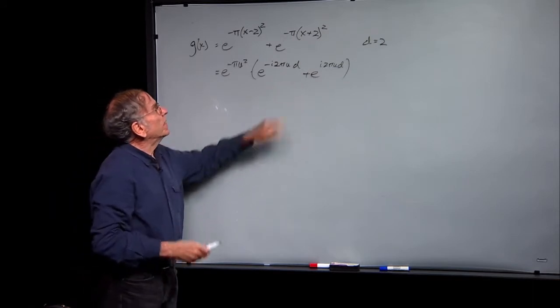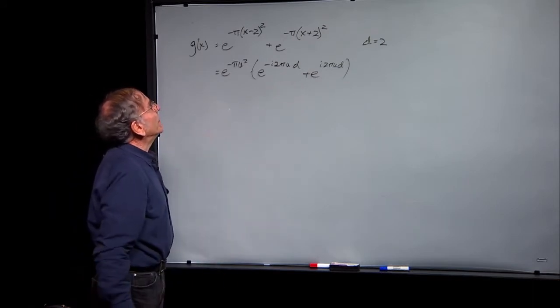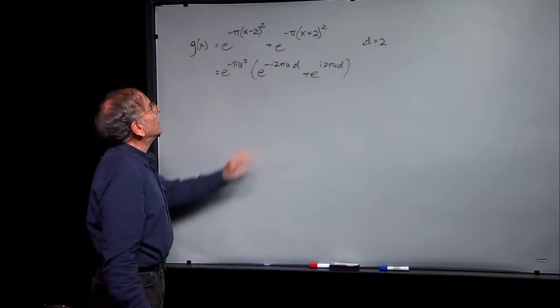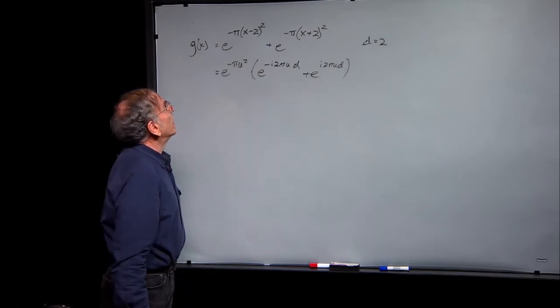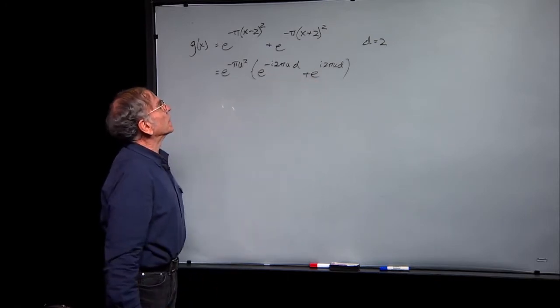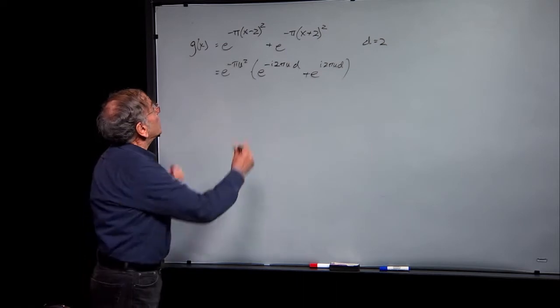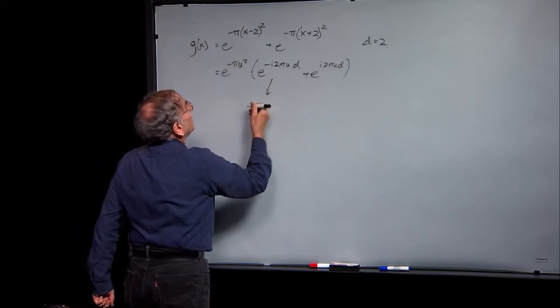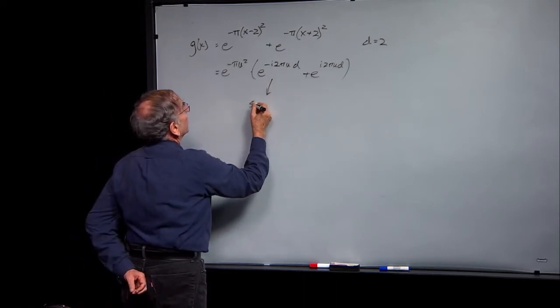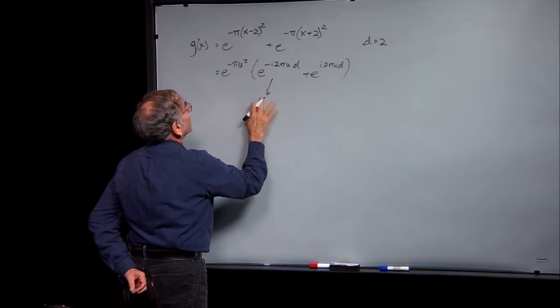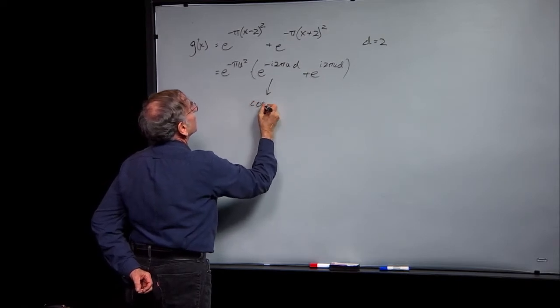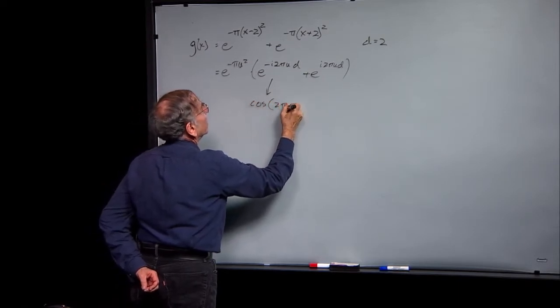But when you see that, you should say, aha, immediately this is going to simplify because I have a number and its complex conjugate added together. So remember that this complex exponential is a cosine and a sine function.